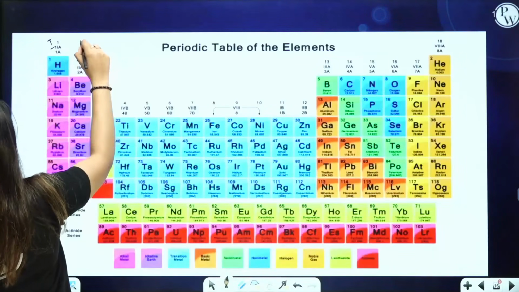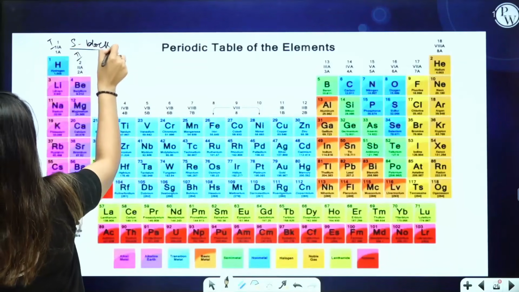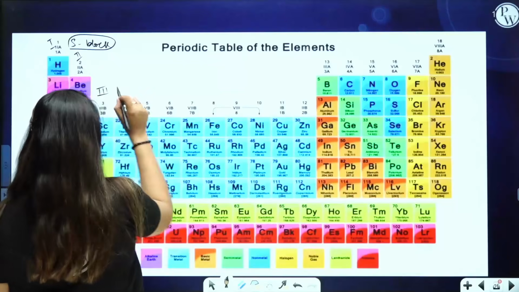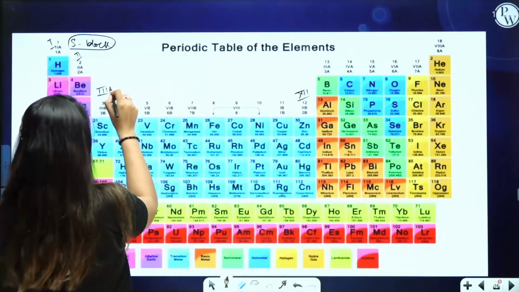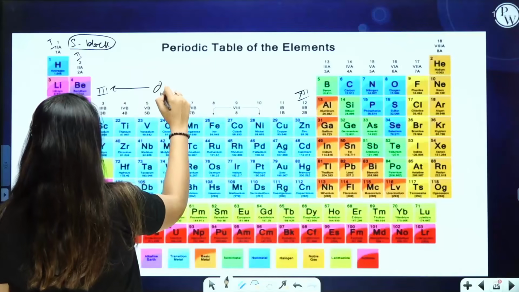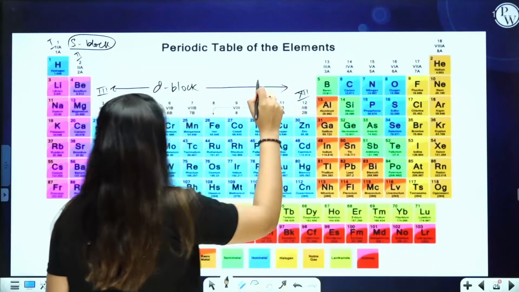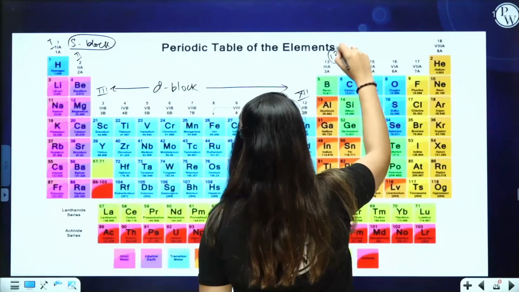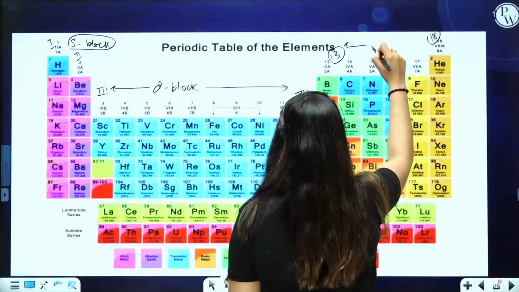This is second group. Combinedly they are called S block. This third group to respective 12th group is called D block elements. This respective 13th group to 18th group, this 13 to 18, will be called P block.